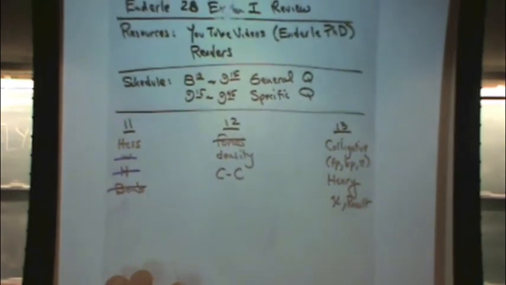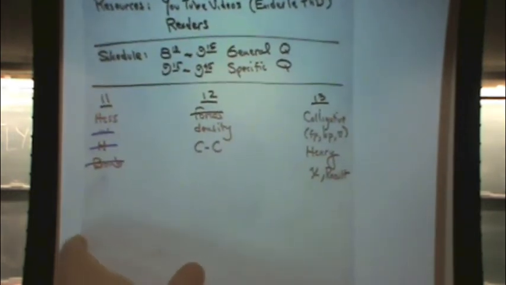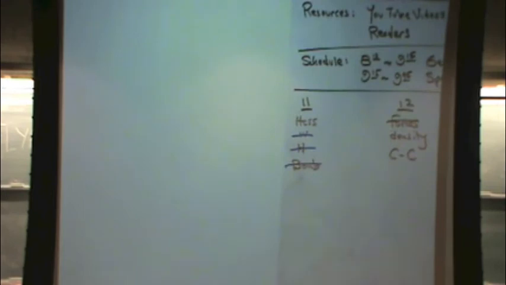Okay, now I need to find a Hess's law problem. Unless somebody has one, I need to look for one. So let me look and see if I can find one. But yeah, you could definitely expect some sort of Hess's law problem. They're so needed because especially on the second exam, you'll see them again.